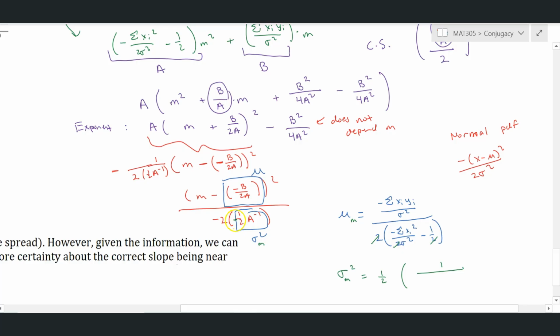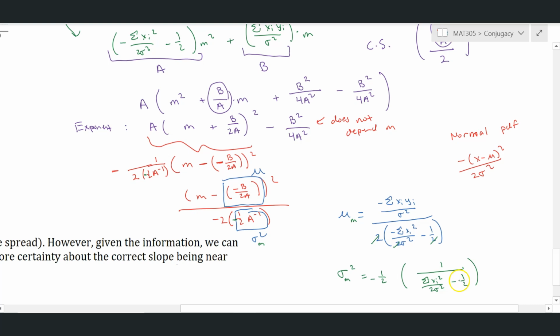Oh, I'm sorry, this should be a negative 1/2 because we factored out a negative sign here, so these negatives have to cancel. So this will be negative 1/2 times 1 over the sum of the xi squareds over 2 sigma squared minus 1/2.